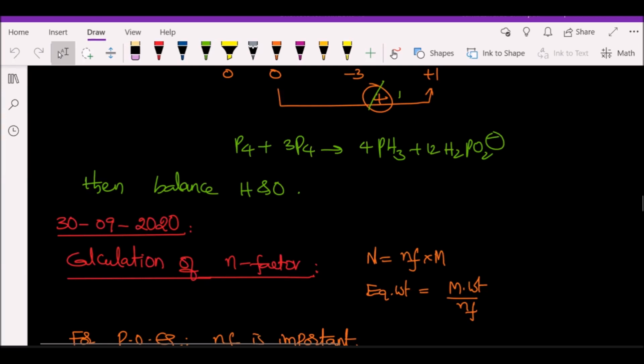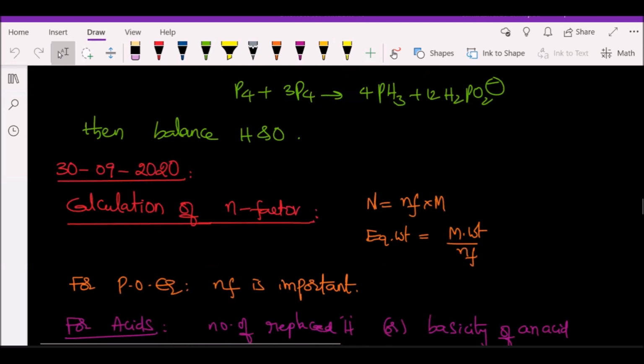So over the screen, we give the idea of calculation of n factor and what is the actual importance of n factor right now in chemistry. It is used for finding normality. If molarity is given, we can find normality, but for finding normality we need n factor. For finding the equivalent weight of a substance, we need n factor. And for applying the principle of equivalence also, we need n factor.